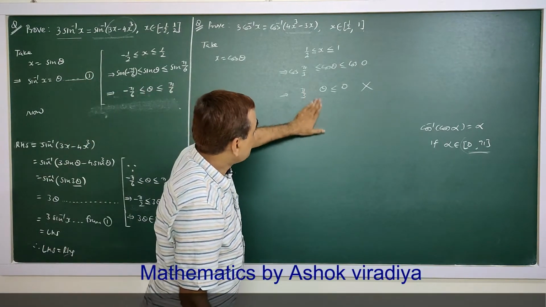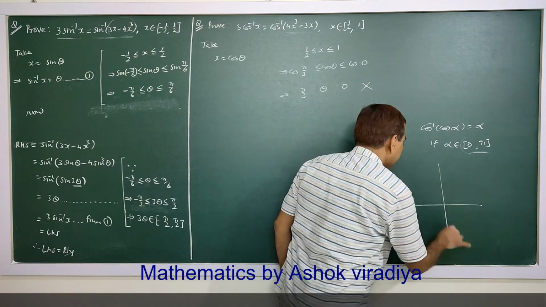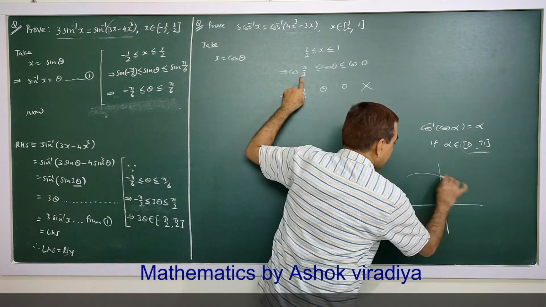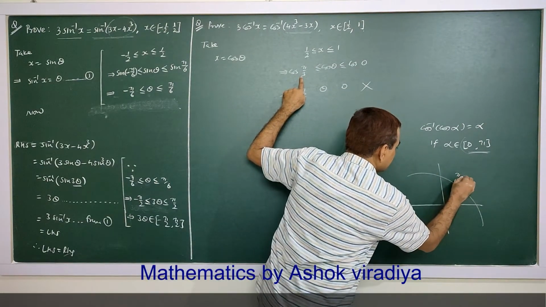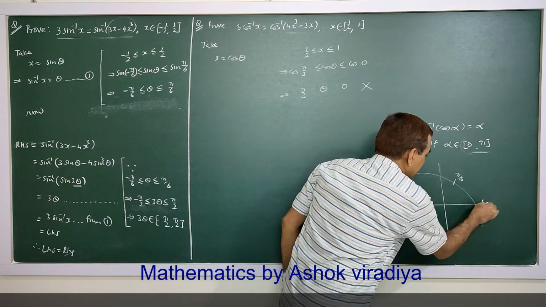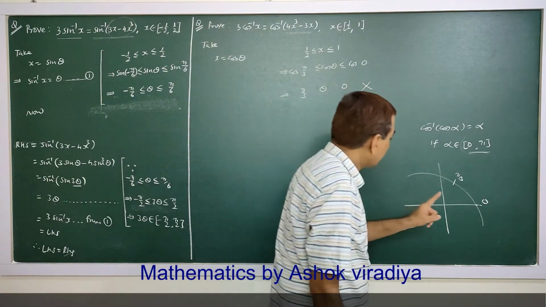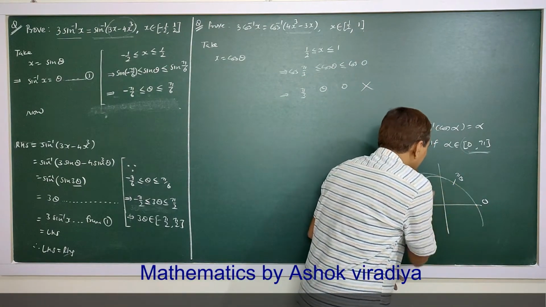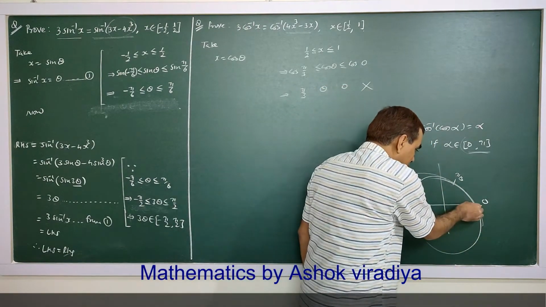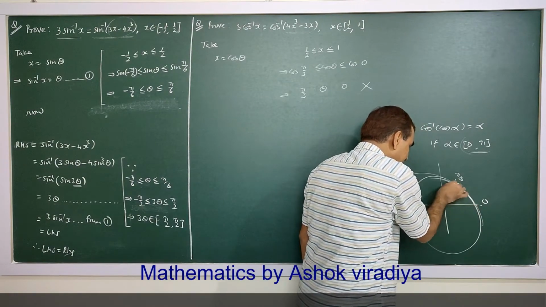So here what is happening, this number is pi by 3, so pi by 3 is somewhere here. This number is 0, 0 is here. Pi by 3 and 0, both numbers put on the unit circle. Now when theta moves from 0 to pi by 3, theta is increasing.